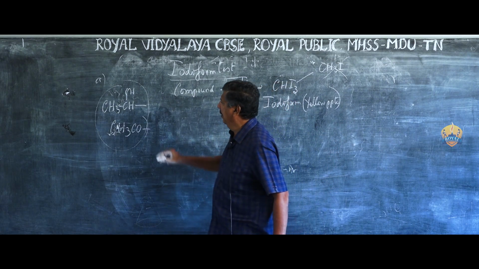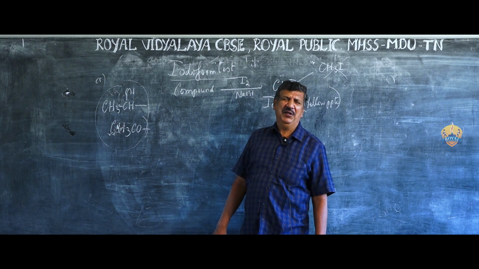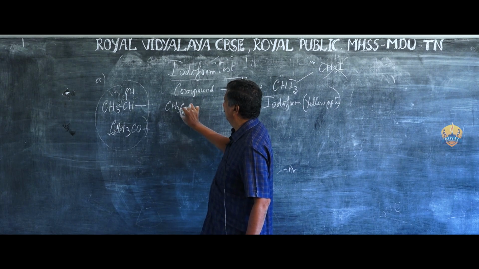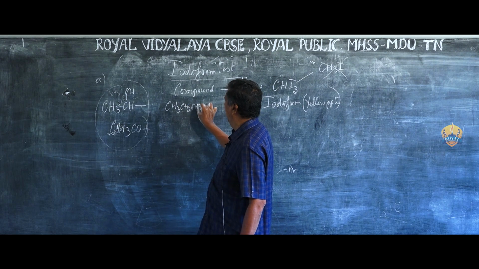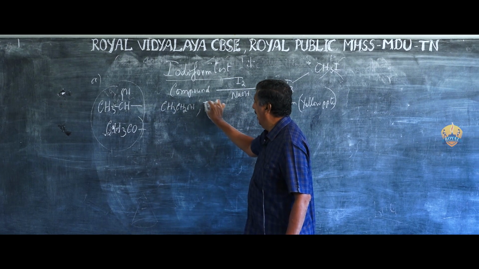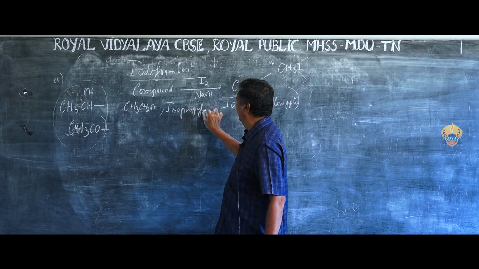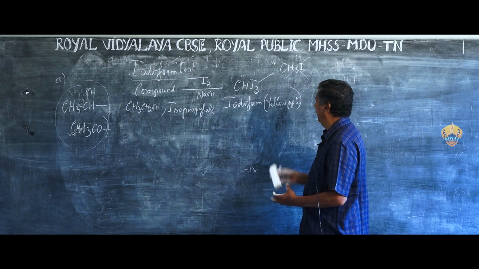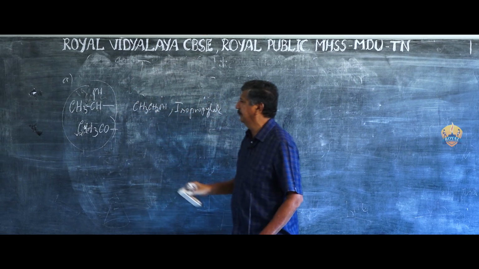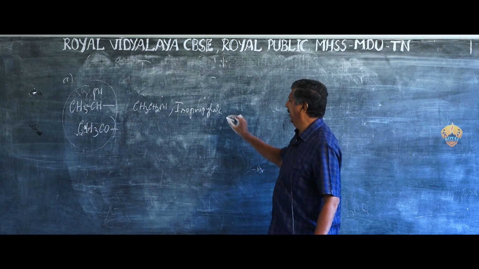For example, you can ask me, sir, what are the alcohols that will answer the iodoform test? Ethyl alcohol, CH3CH2OH. Then isopropyl alcohol. These will answer the iodoform test.